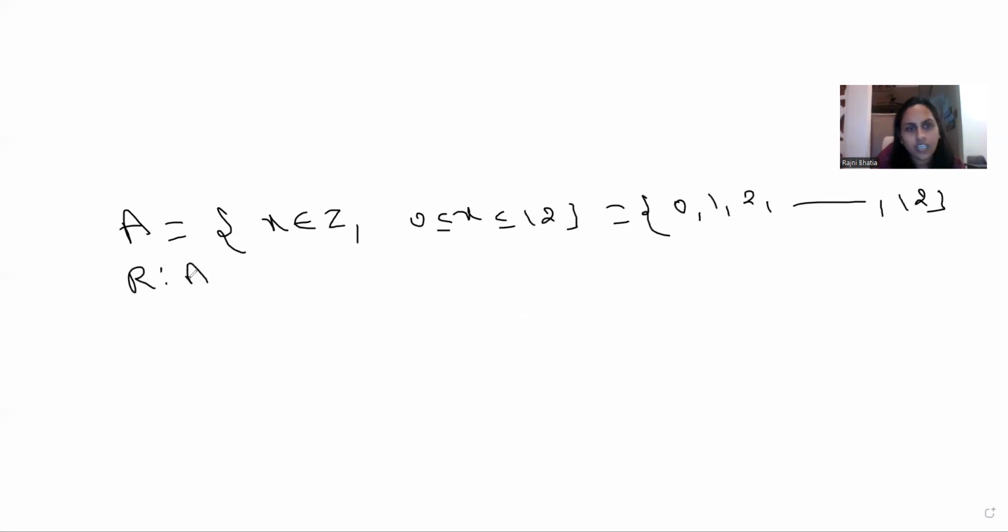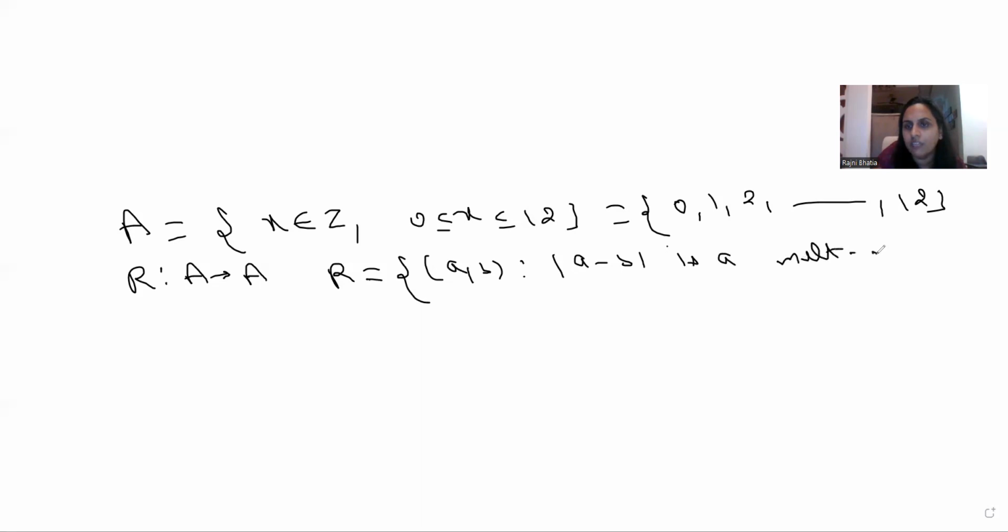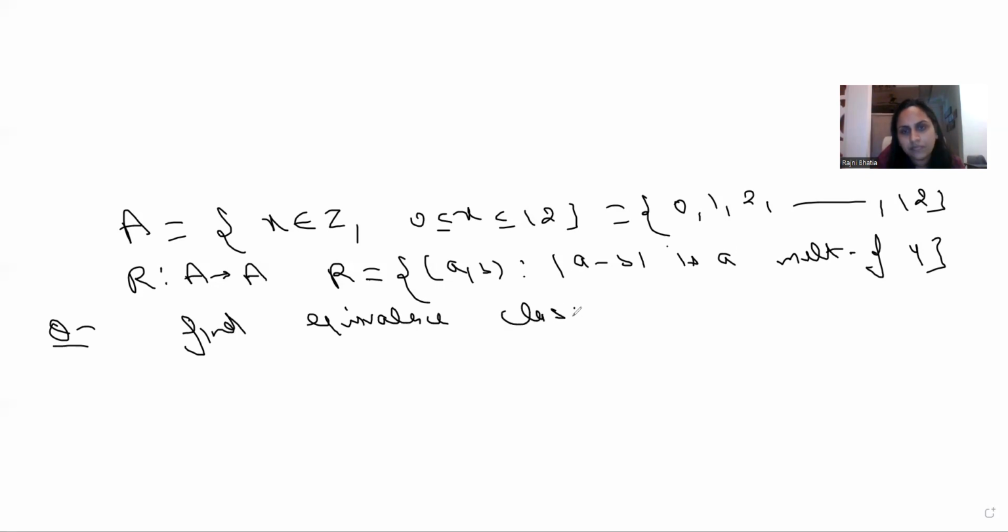Suppose the relation R is defined on A as R equals (a, b) such that modulus of a minus b is a multiple of 4. And the question is to find the equivalence class of 0, the equivalence class of 2, and the equivalence class of 5.